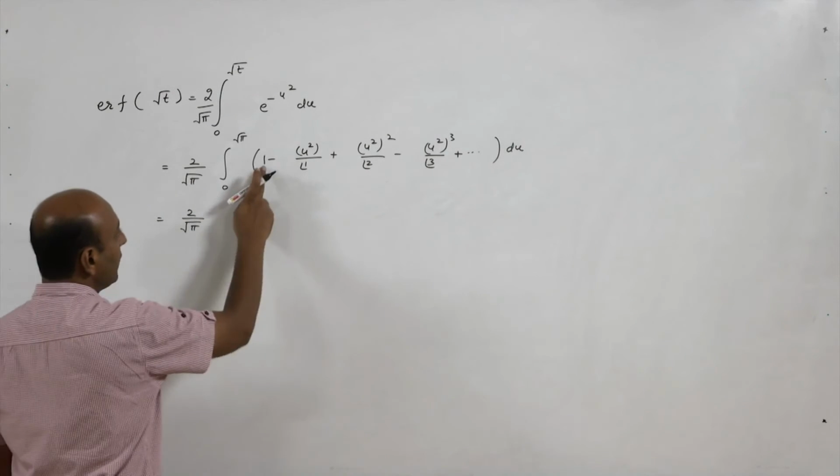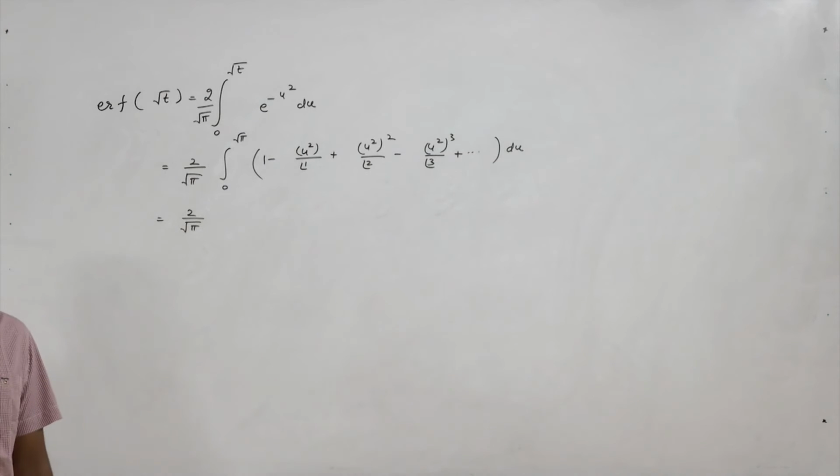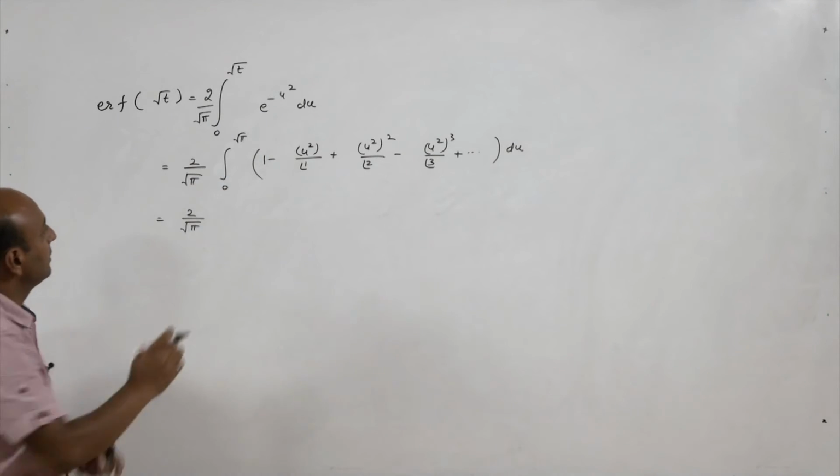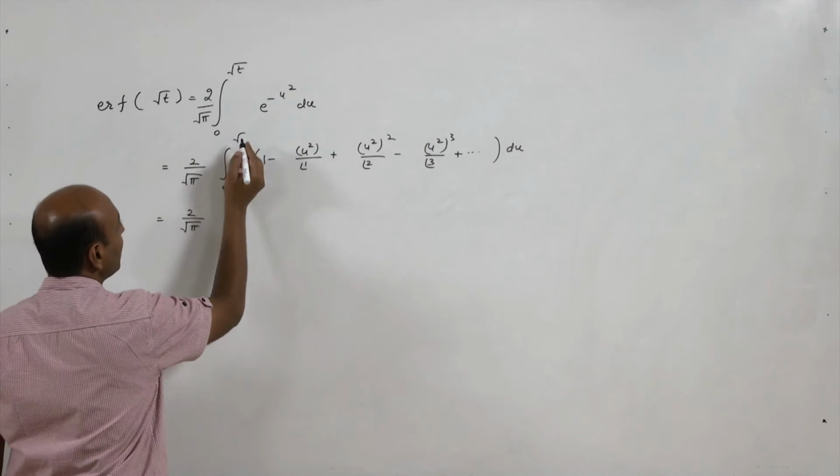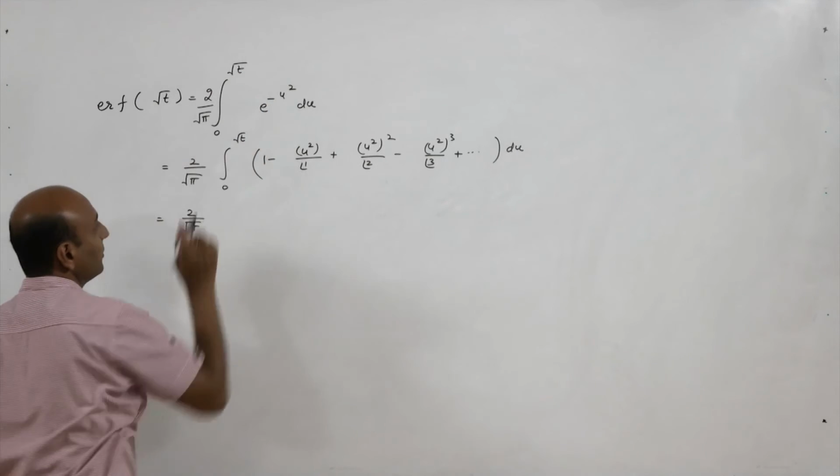So, this is nothing but 2 upon the square root of pi. The integral of 1 will be u, and when you apply the upper limit, it is the square root of t.